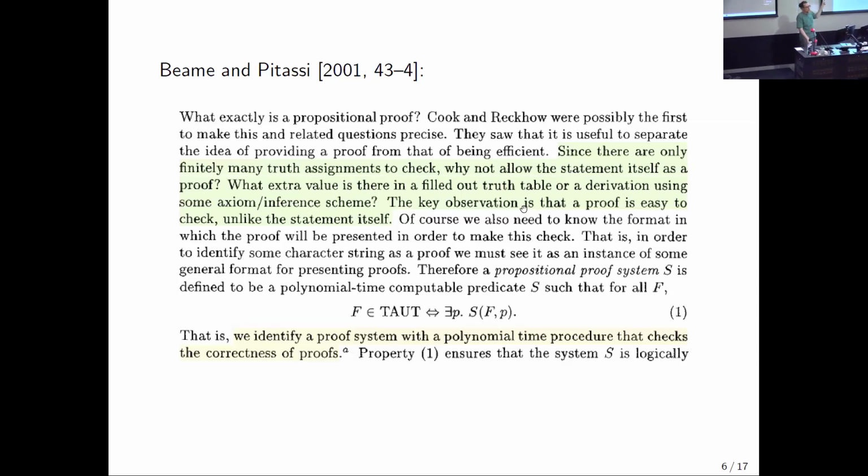So the first thing I think that you can get out of this bit that's supposed to be highlighted is this. It says here, the key observation is that a proof is easy to check. That's just presented as if there's no argument for it. It seems to be said as something meant to be intuitively appealing.